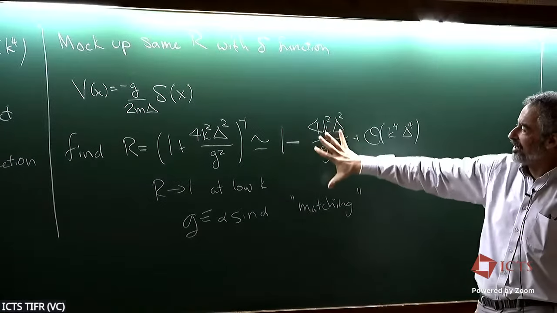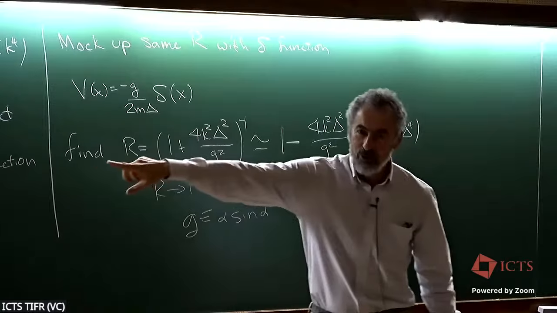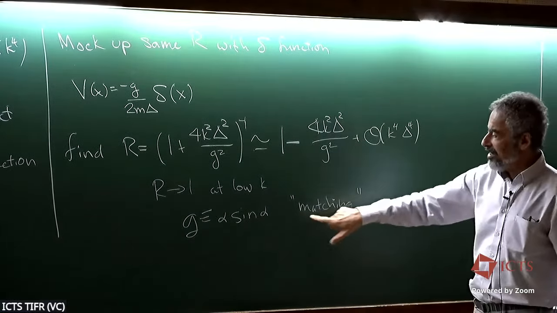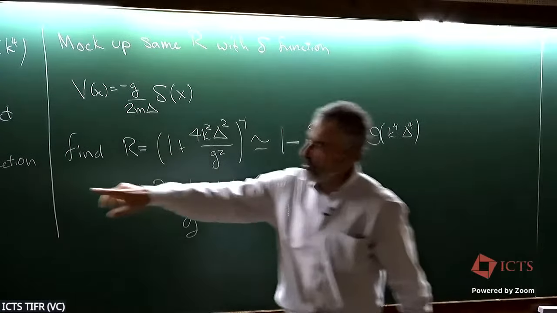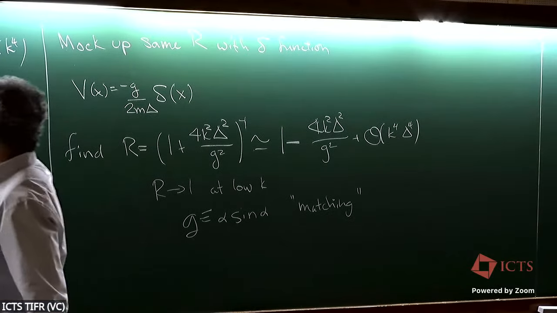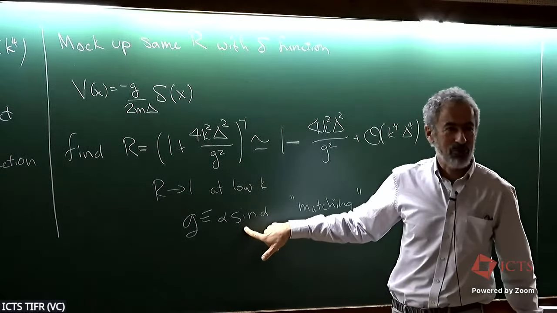They measure the k squared dependence of the reflection coefficient in the true potential, which is the square well, and then I find a g. From that, I can determine what this is. This is the true potential. They measure this term in the scattering. I can then set g to match this experimentally determined number.